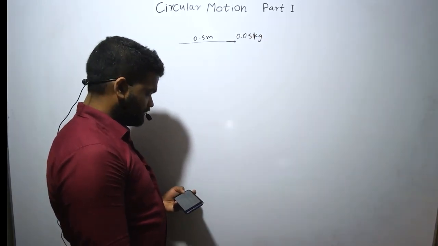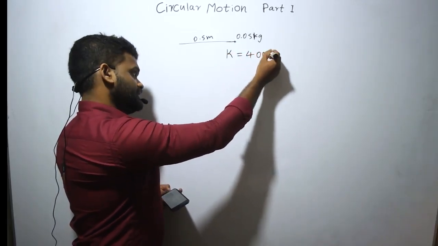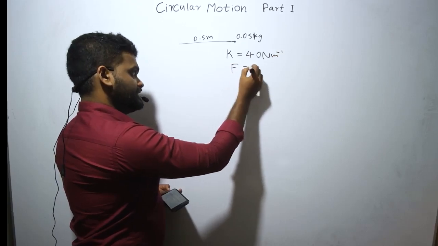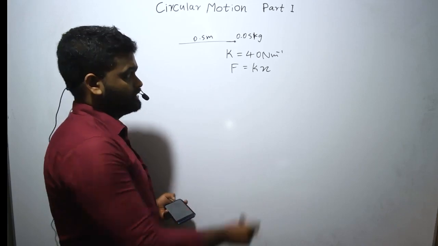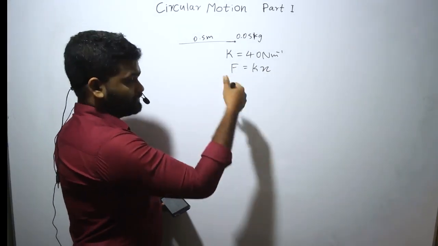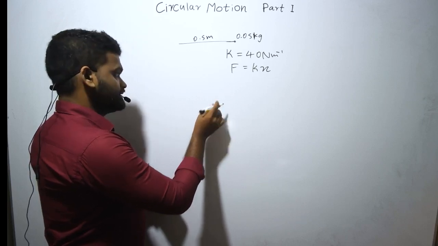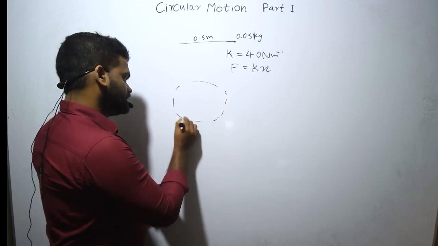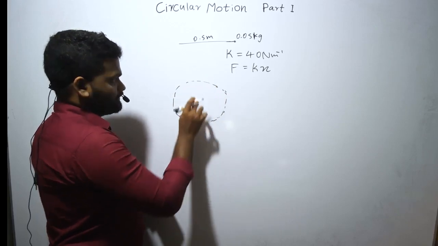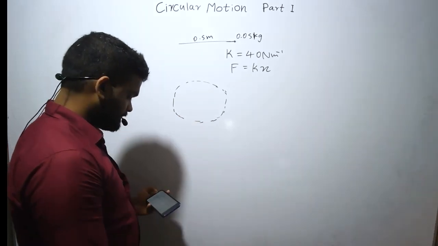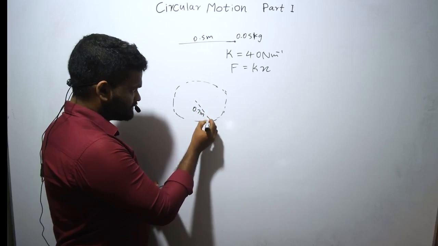Then they say the force constant of the string, that is K, is 40 newtons per meter. You know this equation: F equals K times extension x. This gives us the tension built in the string. The mass moves in a horizontal circle on a horizontal table, with radius given as 0.7 meters.